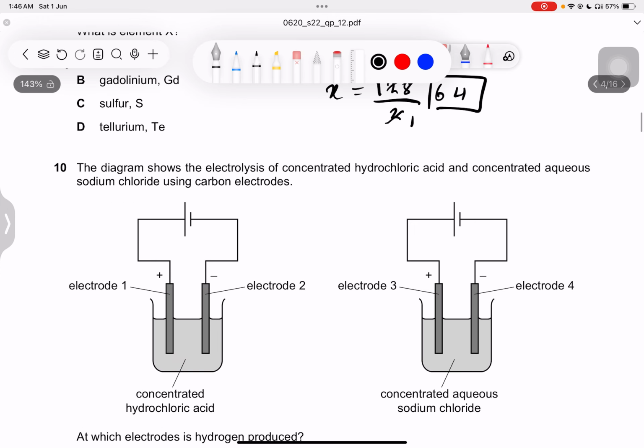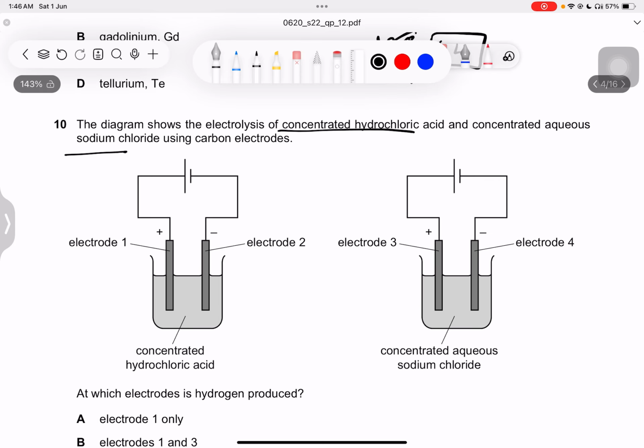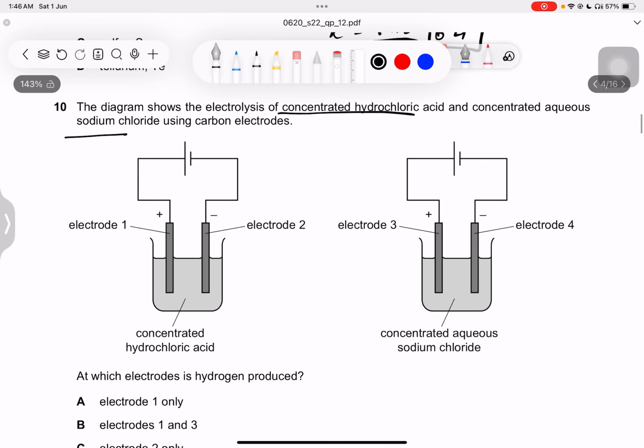Next, the diagram shows the electrolysis of concentrated HCl and concentrated aqueous sodium chloride using carbon electrodes. At which electrodes is hydrogen produced? Hydrogen is produced at the cathode because it is the cation at the cathode.